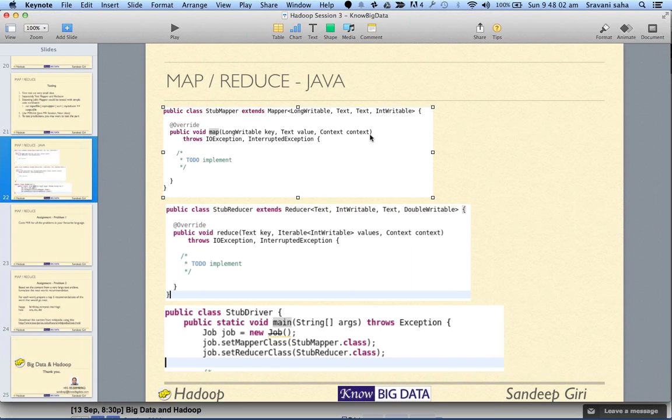Since it's a word count problem, the output is string and number, therefore it's Text and IntWritable. Similarly, for the reducer, the values are grouped together and the values are integers, the counts, and so on.